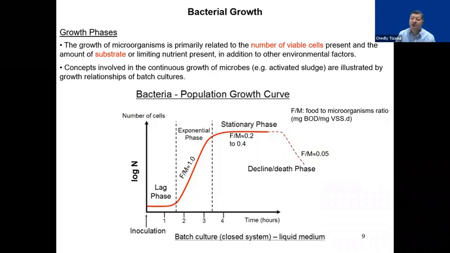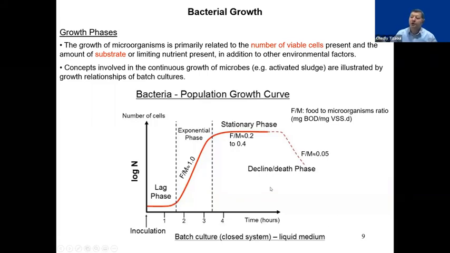After that, when the food is finished, the number of bacteria will start to go down. That's the decline or death phase of those microorganisms, because the amount of food is not sustained anymore. To be honest with you, that's how humans would interact as well. So the concept is more or less the same. And this is the decay phase.